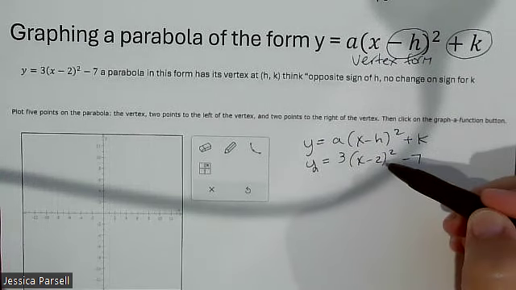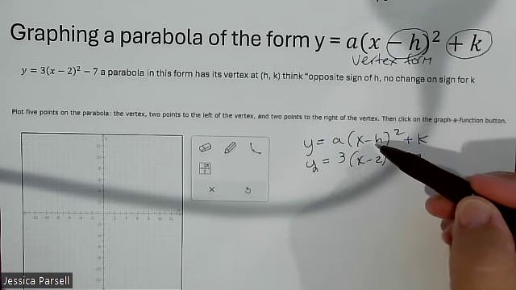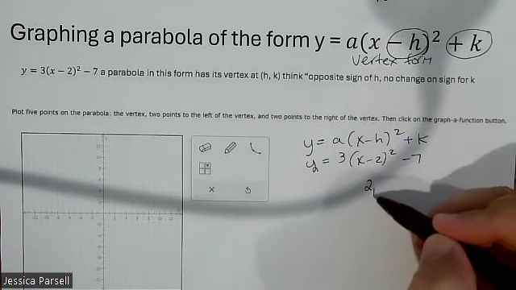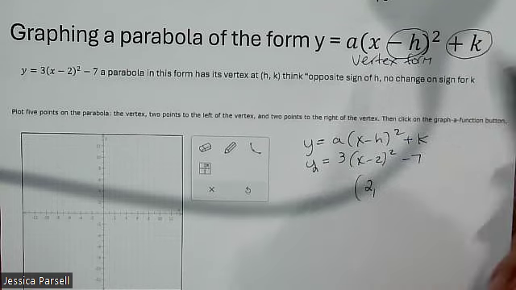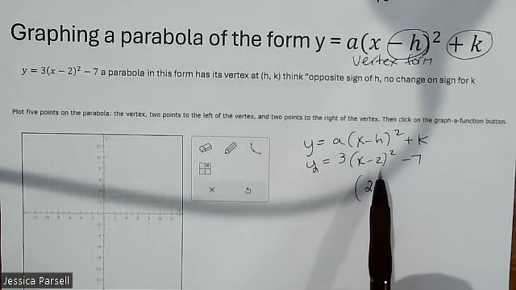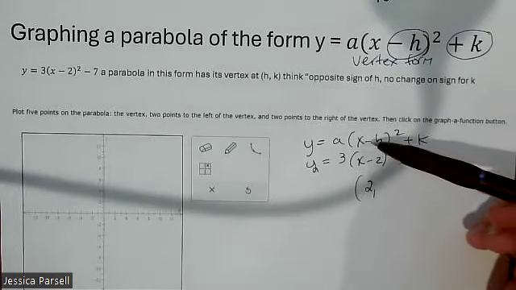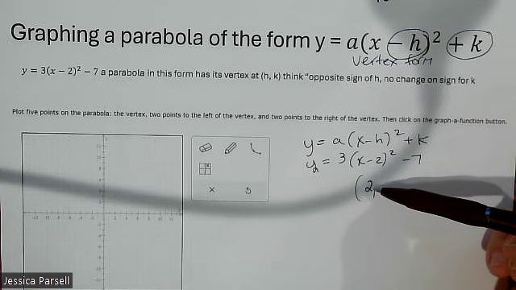Our h value is -2. But because the standard equation has a negative sign in front, that negative and that negative is going to make that a 2. So a +2. So it's the opposite sign of whatever the h value is. Our h happened to be -2, so we go with the opposite sign, which is 2, or think about it as that negative times that negative is going to make that a positive.